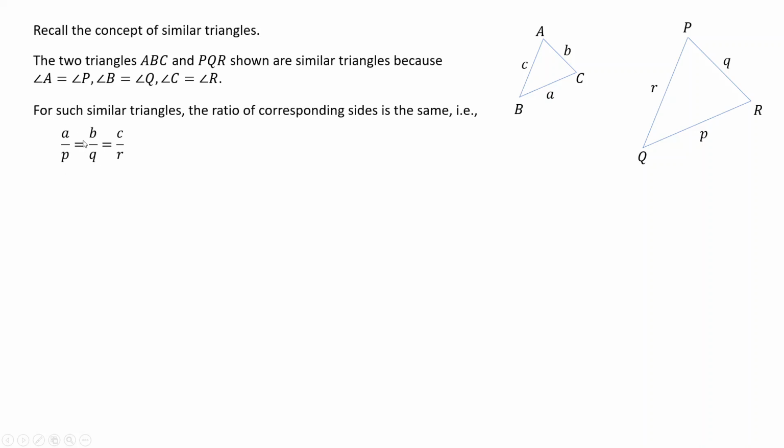A over P right now is B over Q. Could I cross multiply so that I have AQ equals PB, but then divide both sides by B?